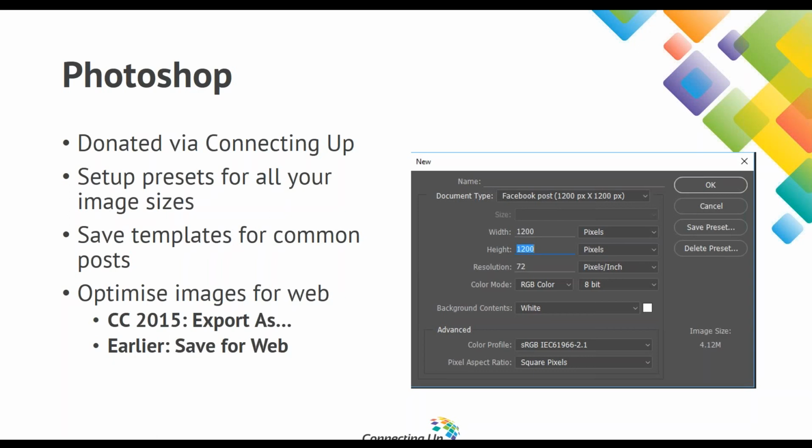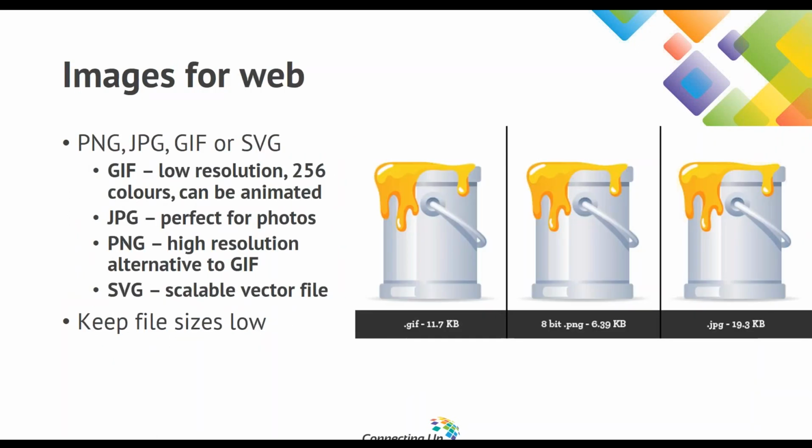So when we're actually creating images for the web, there are 4 key image files here, and often people get a little bit confused about them, which is why I've got that great example on the right-hand side there. So the main 4 formats here are PNG, JPEG, GIF, or SVG.